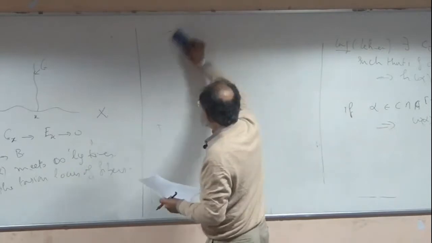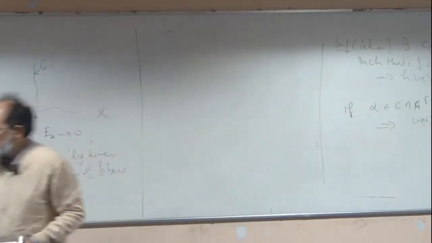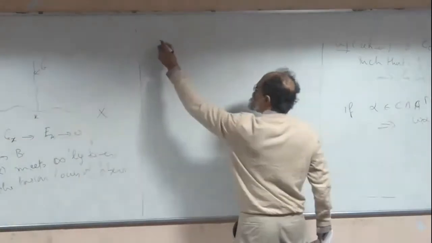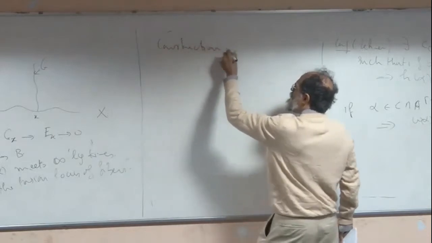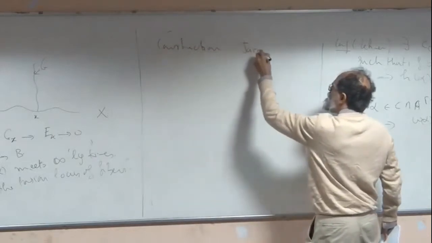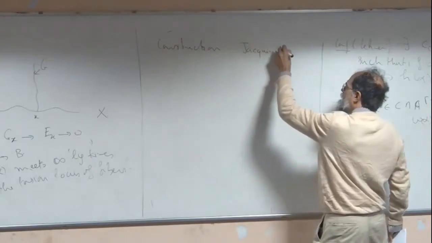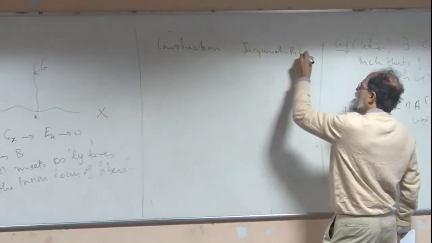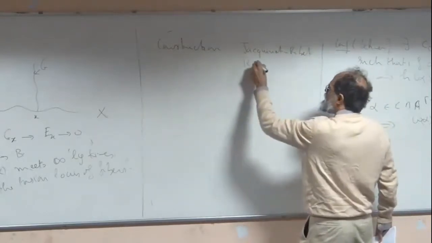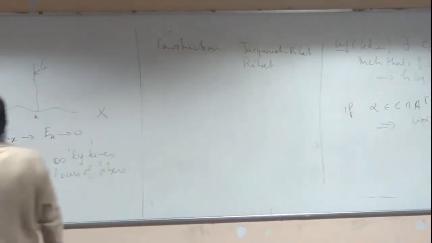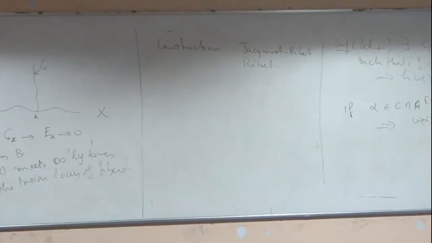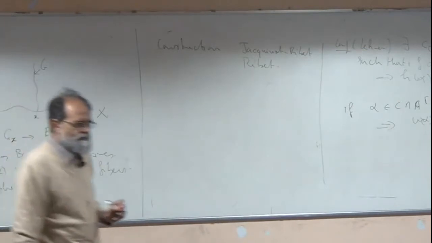And this happens in fact because it uses a construction like that of Jacquinot and Ribet, which was further generalized by Ribet, of points in semi-abelian varieties which behave strangely.